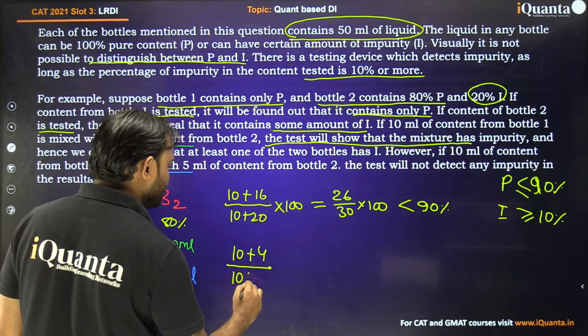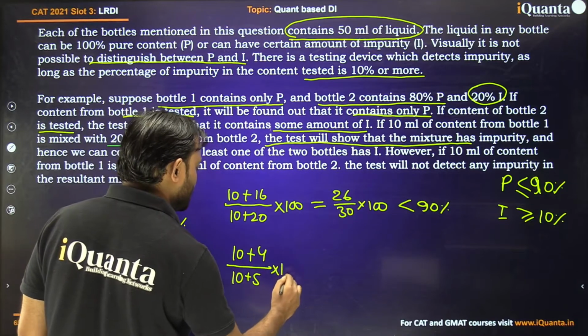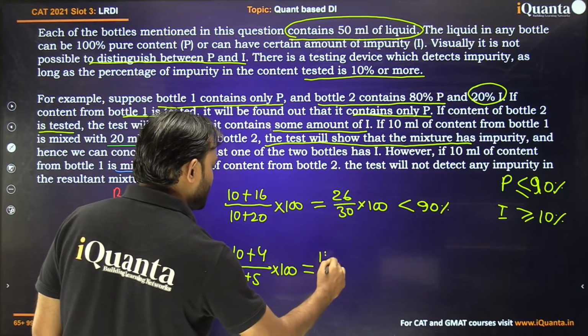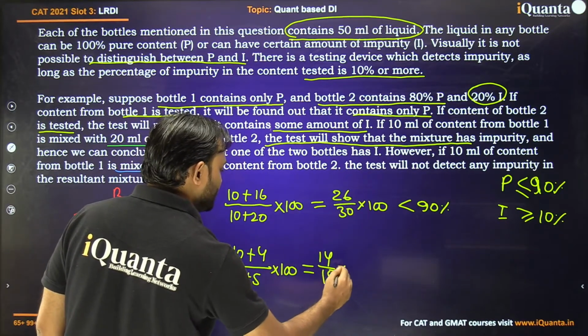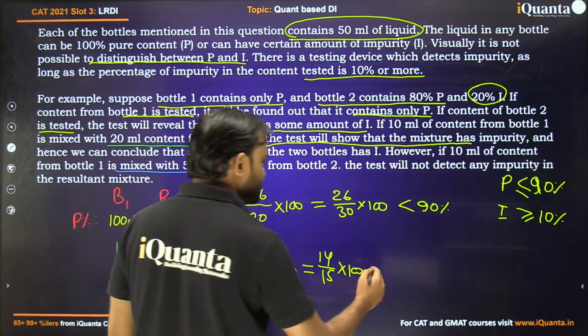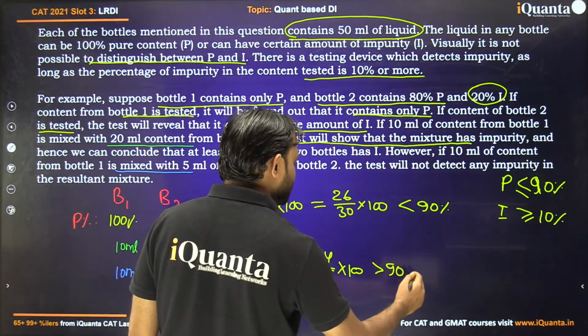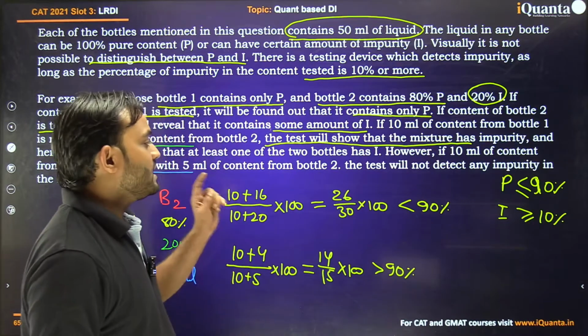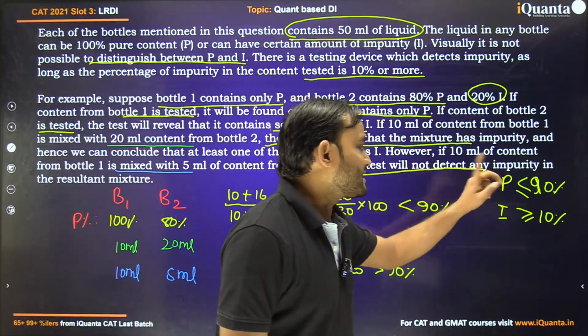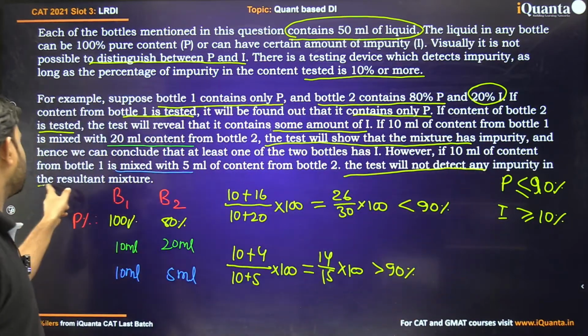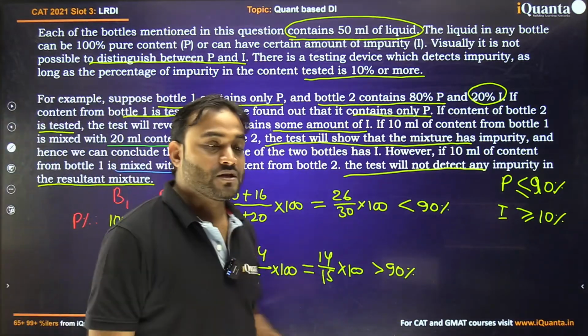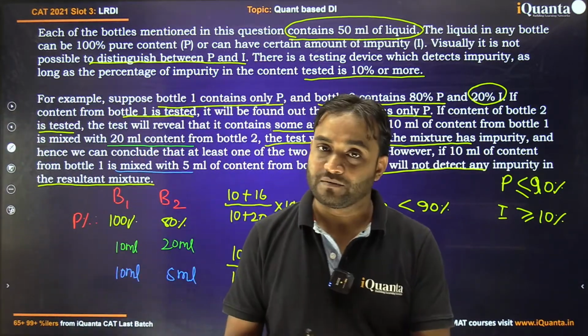Total volume will be 10 plus 5, so 14 upon 15 into 100. That means this is greater than 90%. So the test will not detect any impurity in the resultant mixture because the purity percentage is more than 90%.